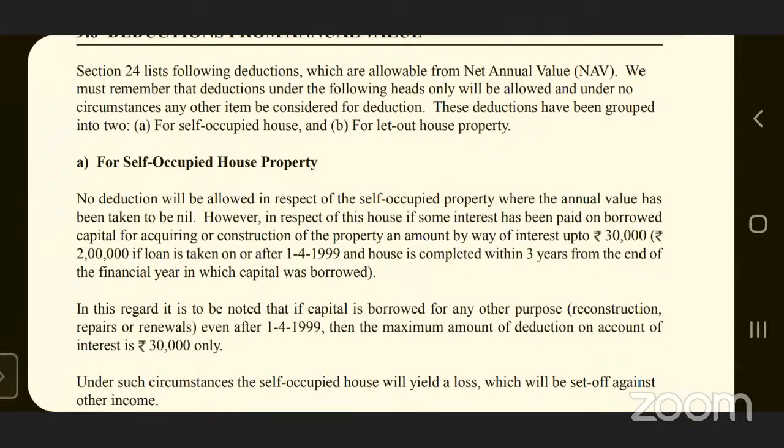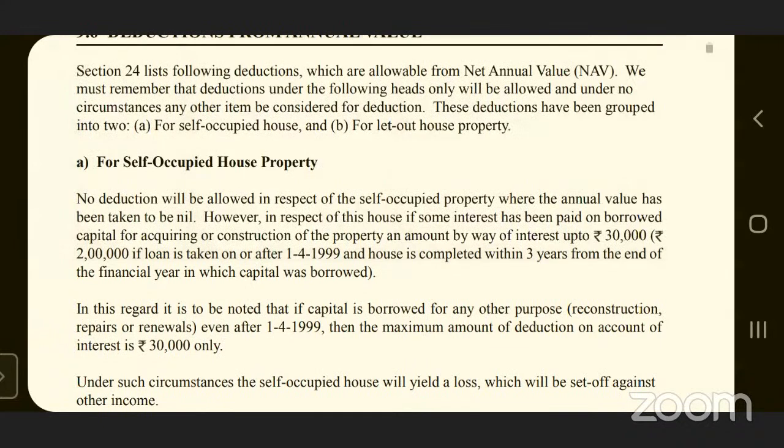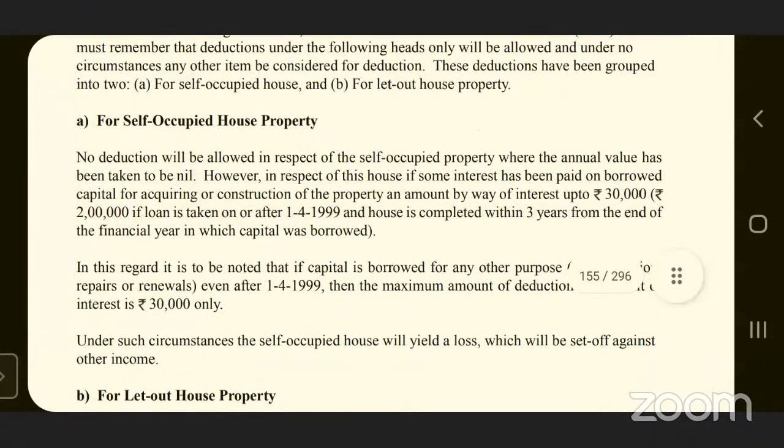First, we should distinguish whether it is a self-occupied house or a let-out house. For a self-occupied house property, no deductions will be allowed where the annual value has been taken as nil.